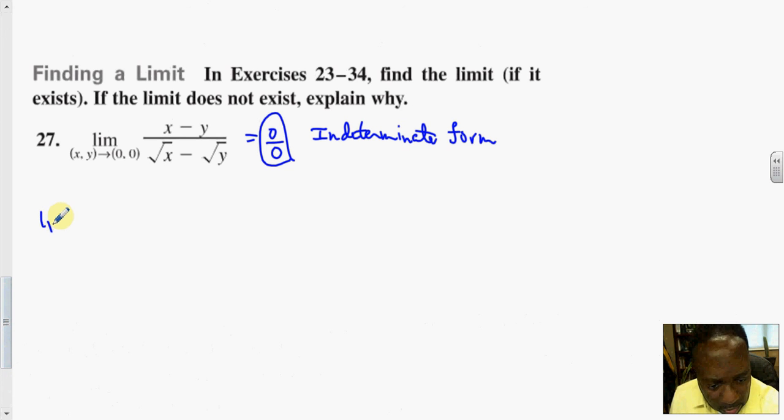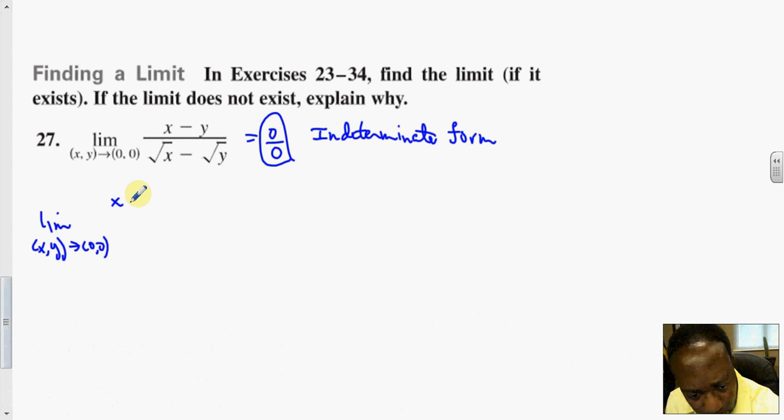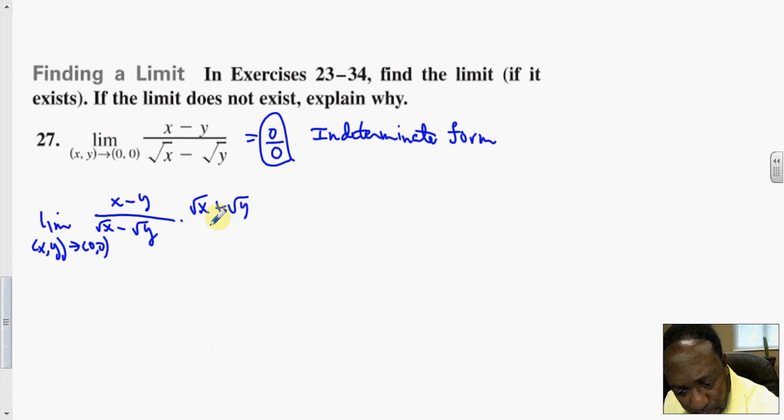So this is the limit as x comma y approaches 0 comma 0 of x minus y all over the square root of x minus the square root of y. This is times the conjugate of our denominator, the square root of x plus the square root of y, all over the square root of x plus the square root of y.